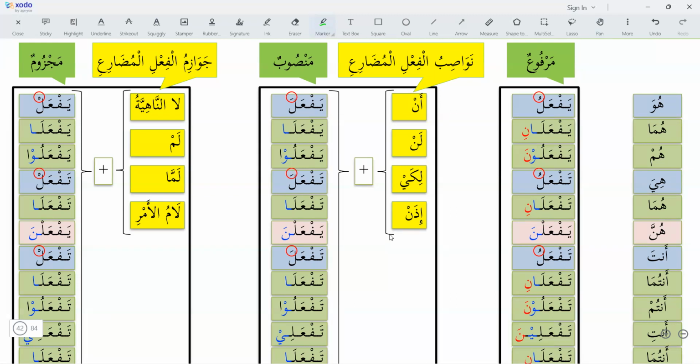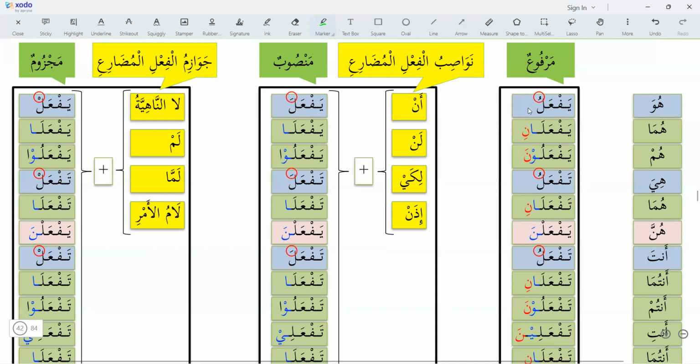We enter them on the noun, and we enter these on the verb. They act like a verb, but they are not a verb. They are particles. So it will make the verb mansub.